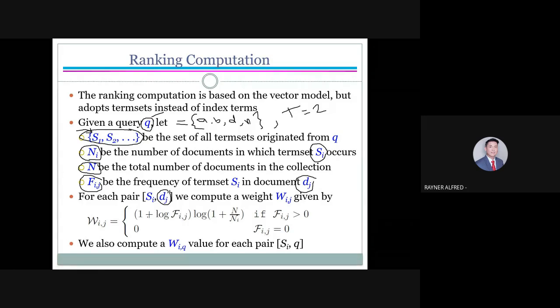For each pair of term set and document, we compute the weightage by looking at the frequency of the term set and the number of documents that contain this term set.